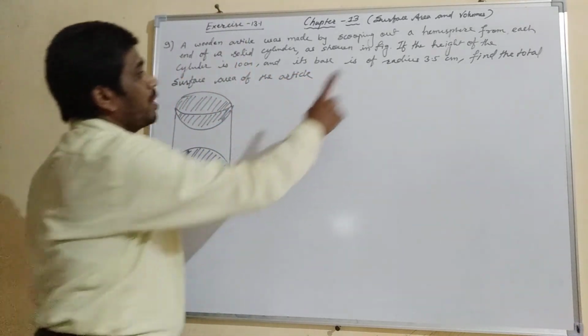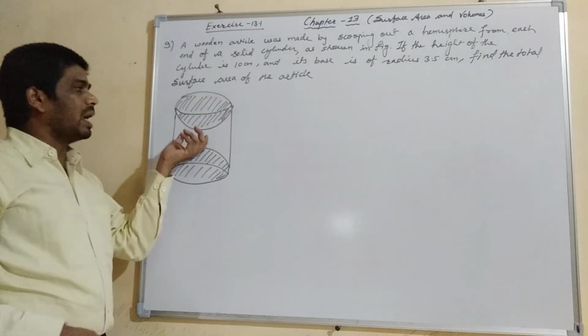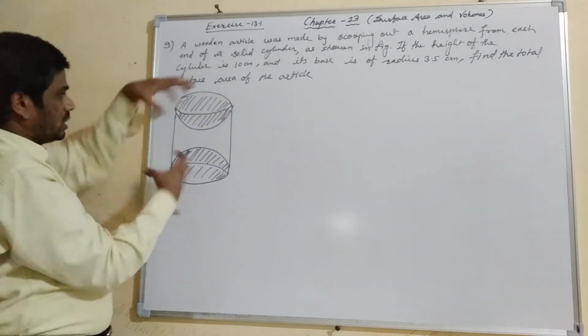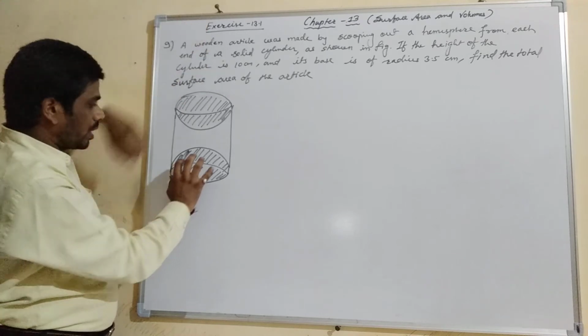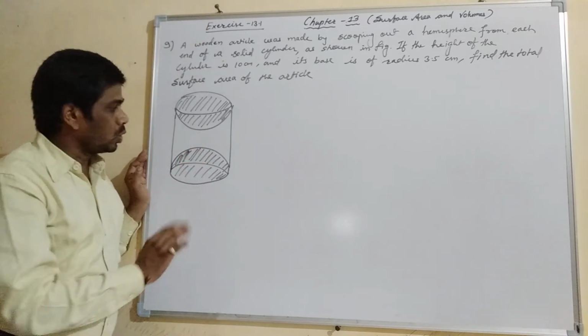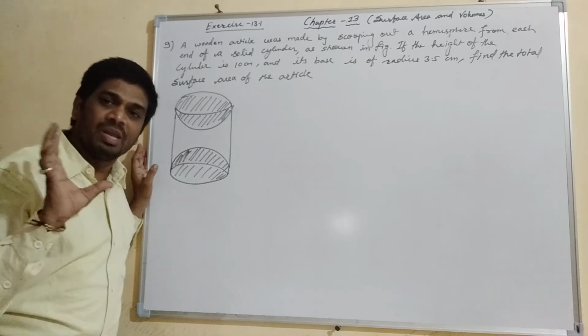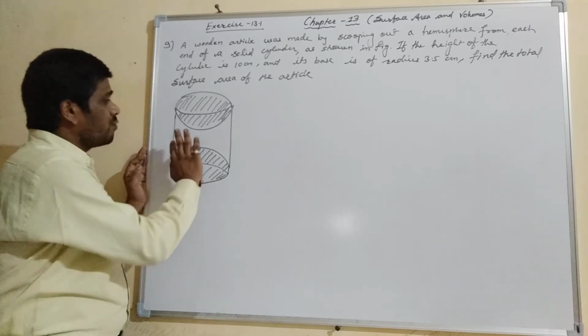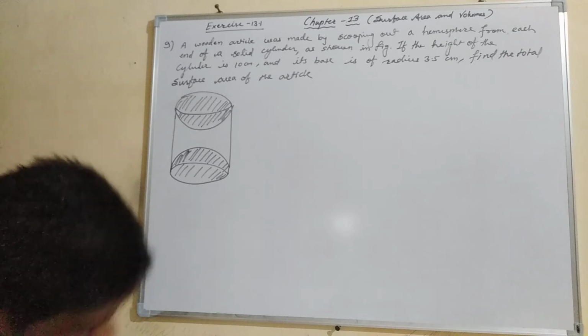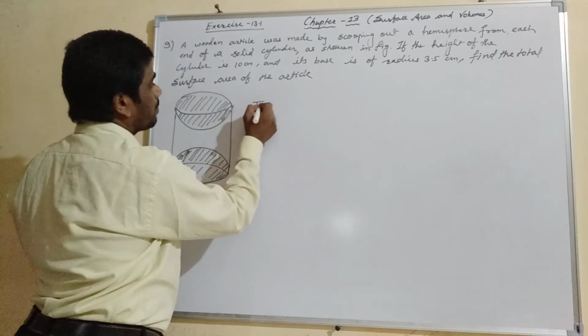We have to find the total surface area of the article, which means we scoop out this hemisphere also and this hemisphere also. So we have to find the total surface area of the remaining part.